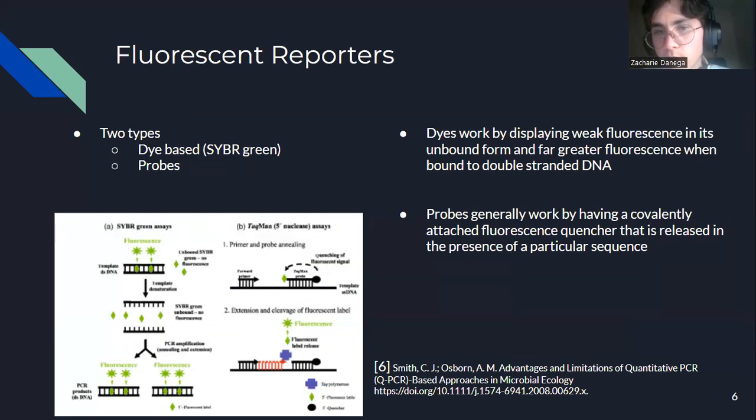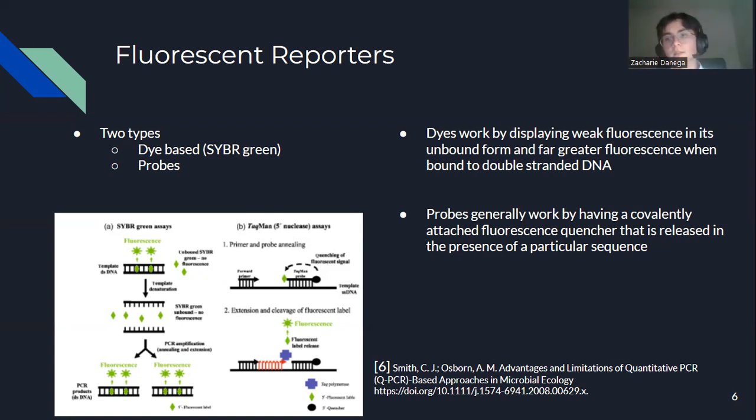For now, we're going to be covering fluorescent reporters. There are two types. There's the dye-based, something like SYBR Green, and then there are probes. Dyes work by displaying weak fluorescence in their unbound form and far greater fluorescence when bound to double-stranded DNA. Probes generally work by having a covalently attached fluorescent quencher that is released in the presence of a particular sequence.